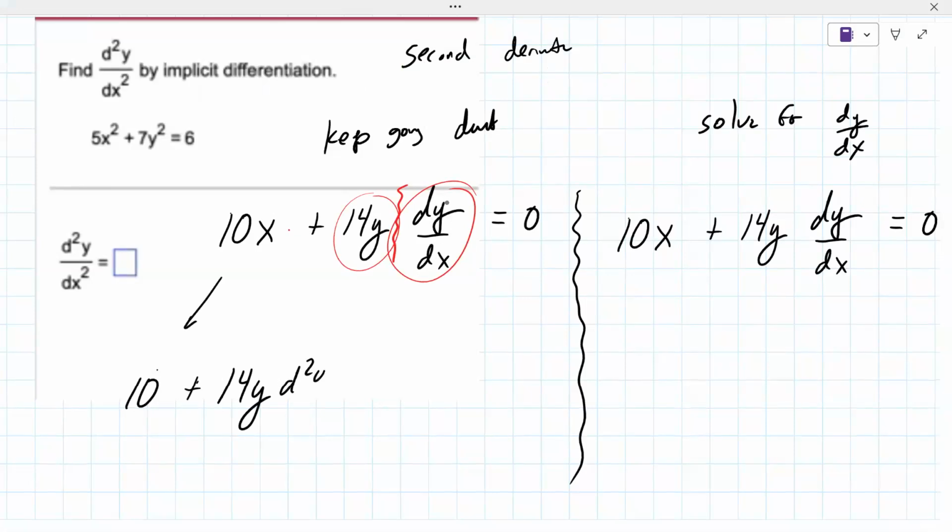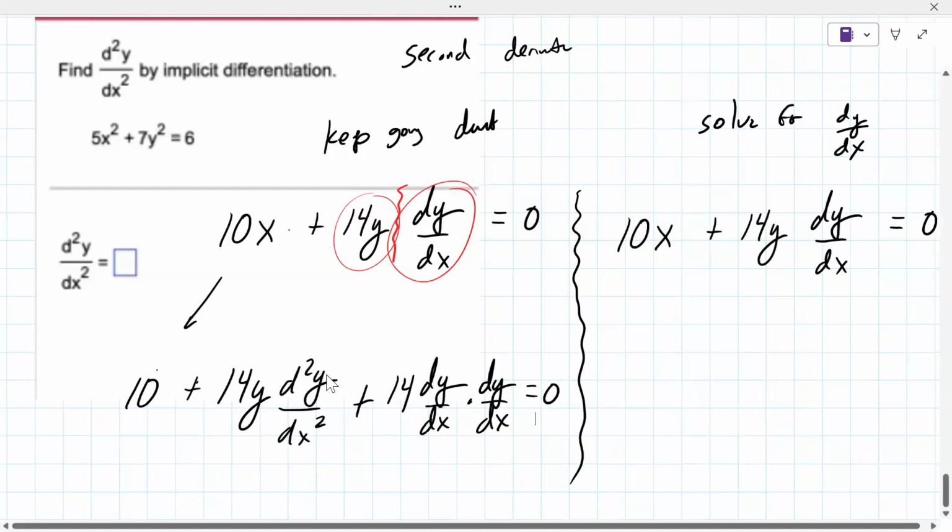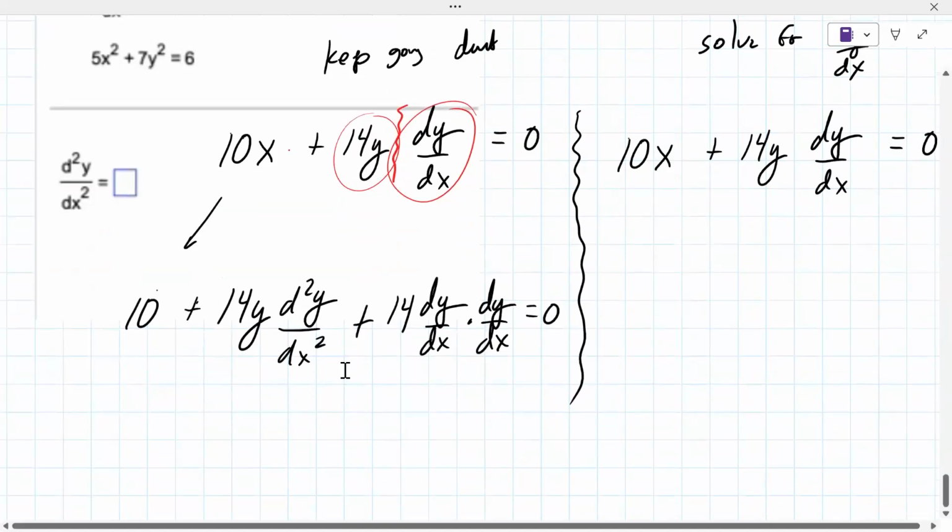That's where you get the d squared y over dx squared. Plus the derivative of the first is 14. Derivative of 14y is 14, but there's a dy/dx. And then you keep the second. So even if you didn't fully understand that, it is there in the video, look back later on.